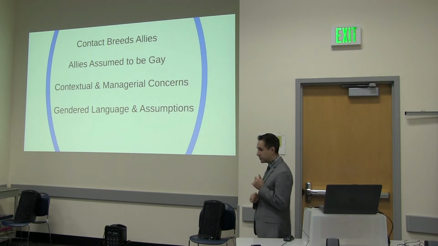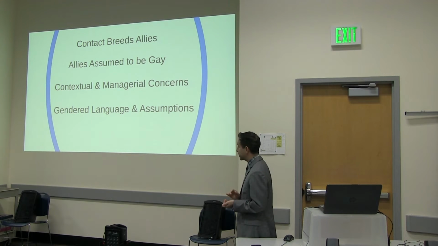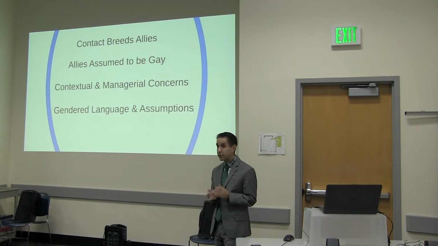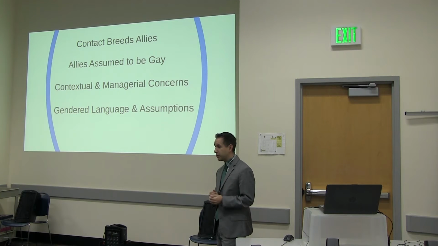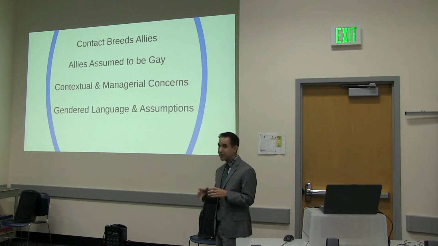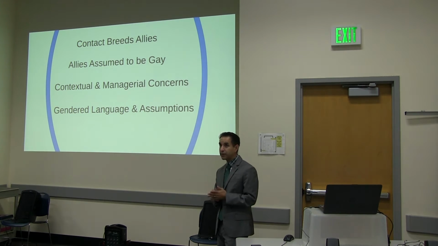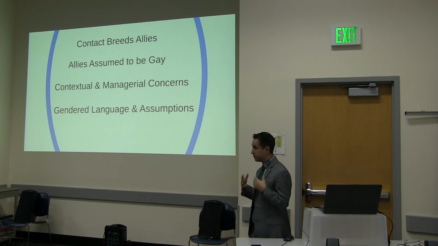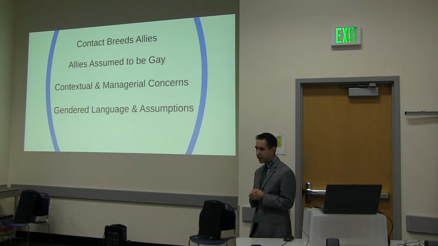The one that I think is the most interesting or the most practical is the focus on gendered language and assumptions. So both groups really understood that certain terms meant certain things, and communicated either allyship attitudes, or communicated that it was not an allyship sort of situation.